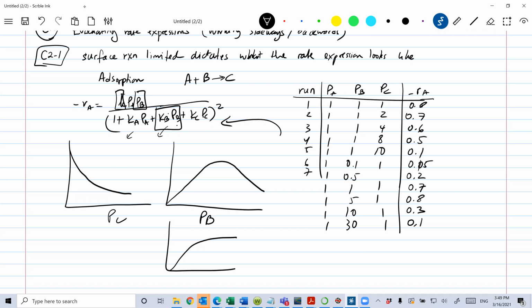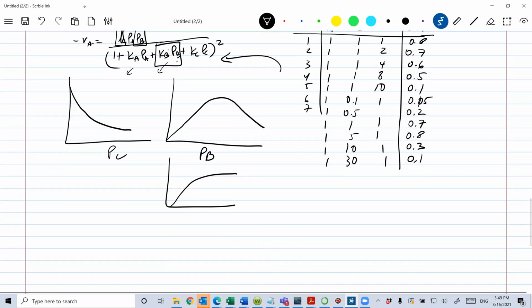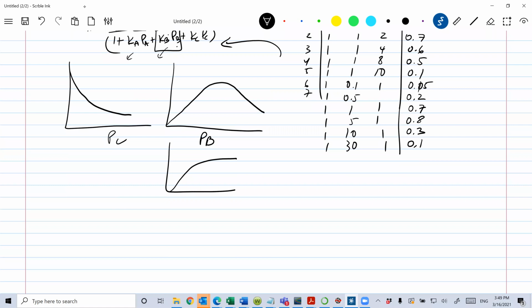Now, to verify this, we talked about this really quickly, but not too much. Let's say from the data, you've developed two competing rate expressions, so you aren't too sure. Let's say you decided, okay, I'm going to choose this one.